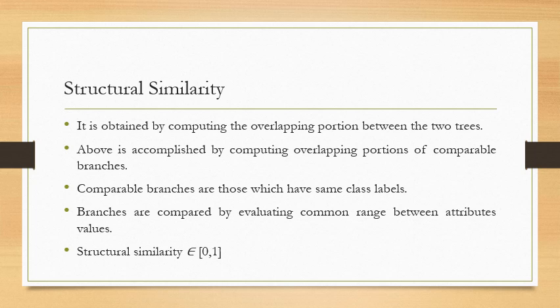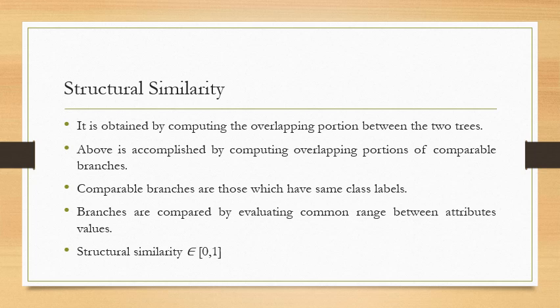We are not going to take the branches which are unmapped. We are going to map only the ones which are overlapping. How will we get to know about that? To figure this out, we have used comparable branches which have the same class labels.